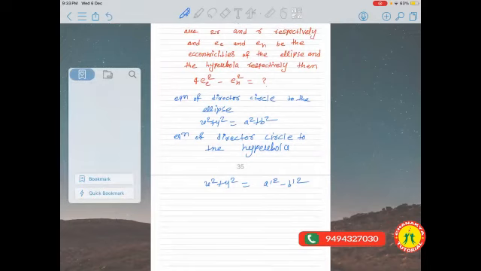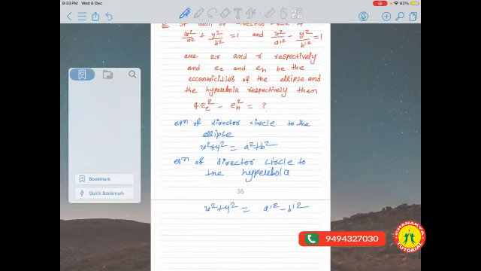So we need to solve. It means a square plus b square is equal to what is given?